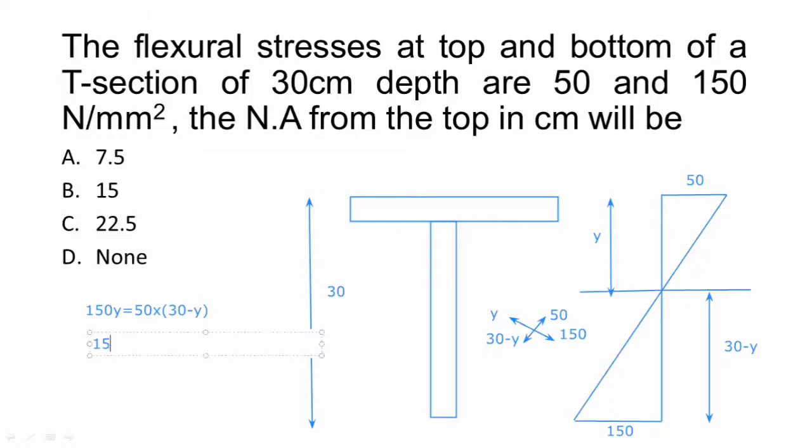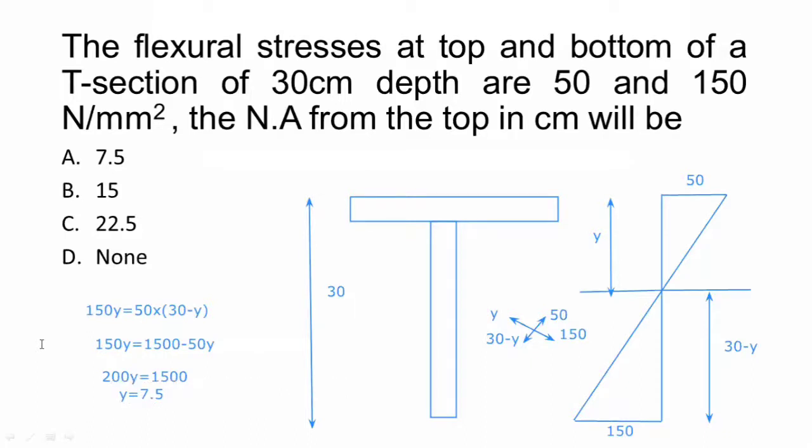So 150y is equal to 50 into 30, which is 1500, minus 50y. Correct. Now I'll take 50y to the left hand side. I will get 200y is equal to 1500. So what will be my y value? 1500 divided by 200. Very simple. So 7.5 centimeter is my answer.